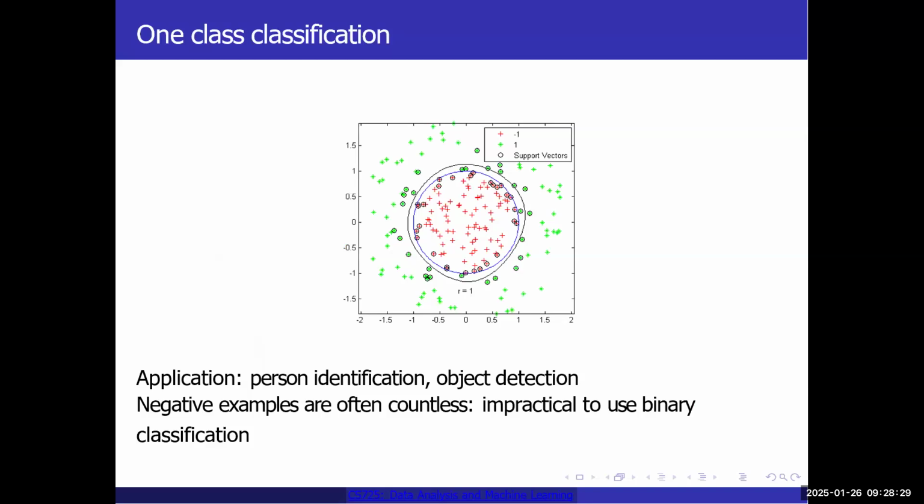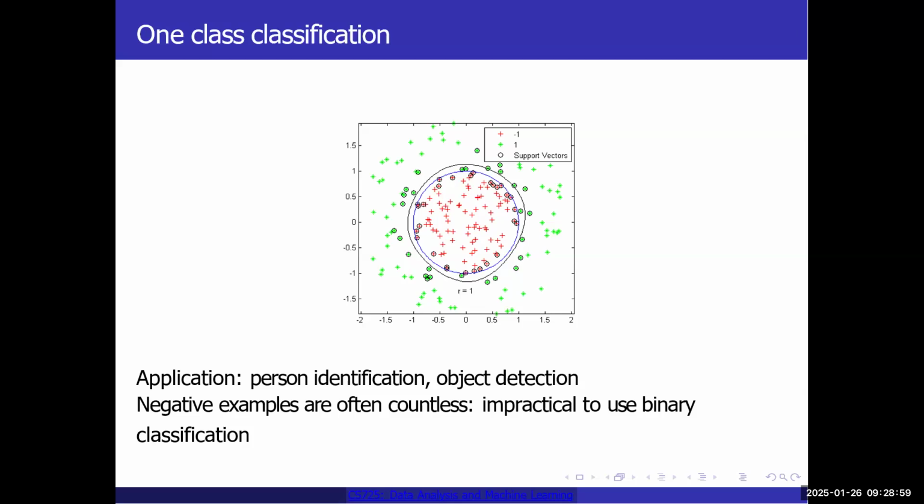We also have one class classification. So what is one class classification? One class classification is that you only have one type of object, and you want to classify if that data is that particular class or not, right? So it's different from binary. In binary, you have exactly two classes.